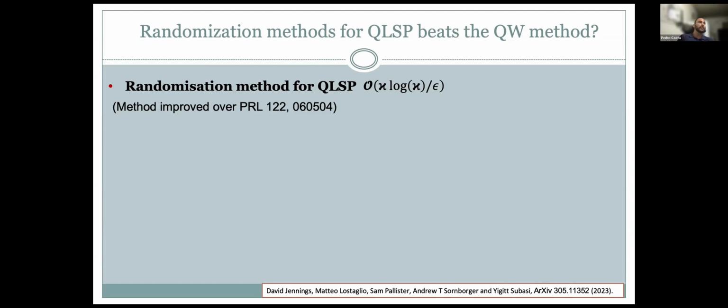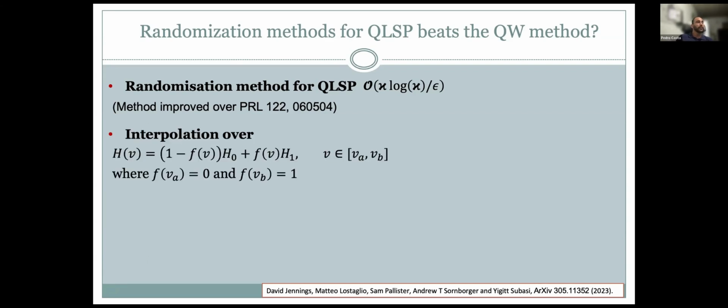And the method that we're going to show here, giving the results at the bottom of this slide, is a method to improve on some results, PRL results that I showed in the table in the beginning. The idea is quite the same. It's basically inspired by adiabatic quantum computation. We also have the interpolation between, again, the same Hamiltonians, H0 and H1.